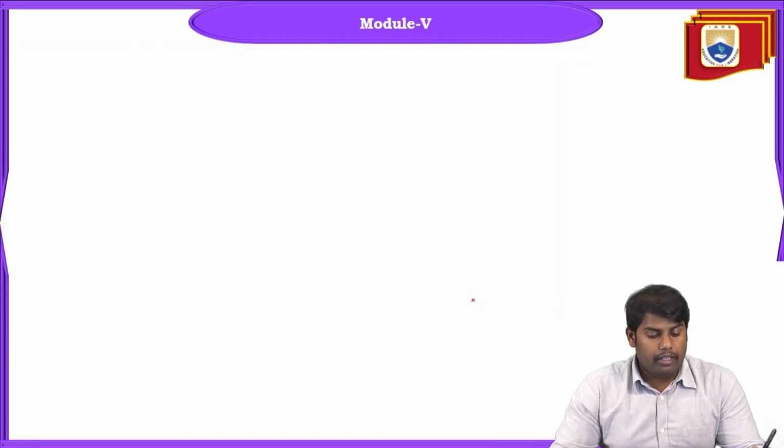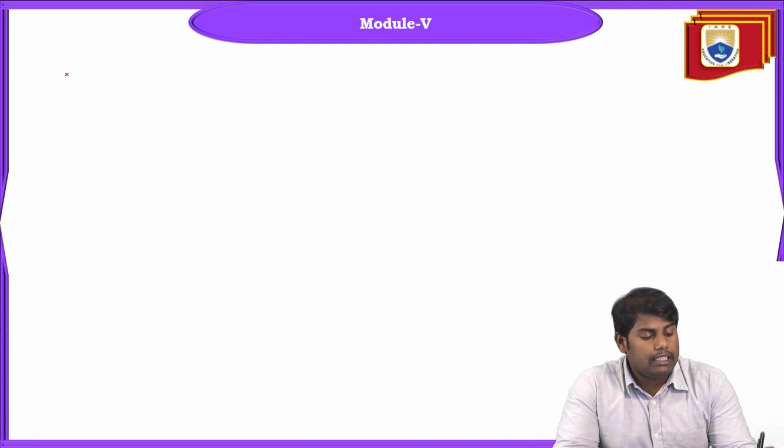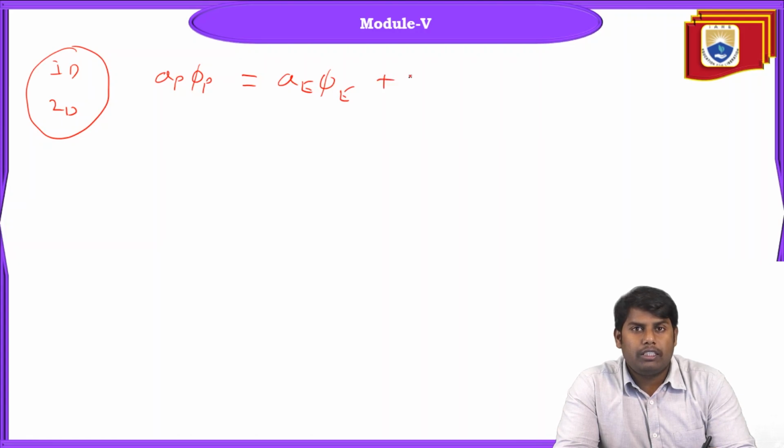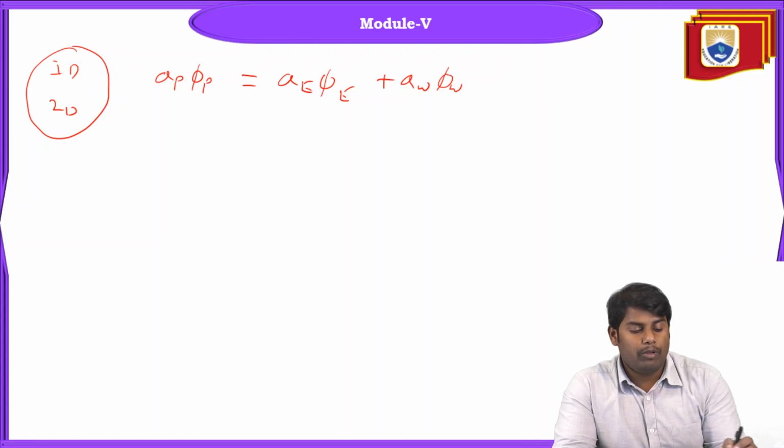Next, we have already seen the 1D and 2D effects of FEM. What we have seen is AP phi P is equal to AE phi E plus AW phi W. This is what we have seen for the 1D flow. So for 1D flow, what is the terminology?